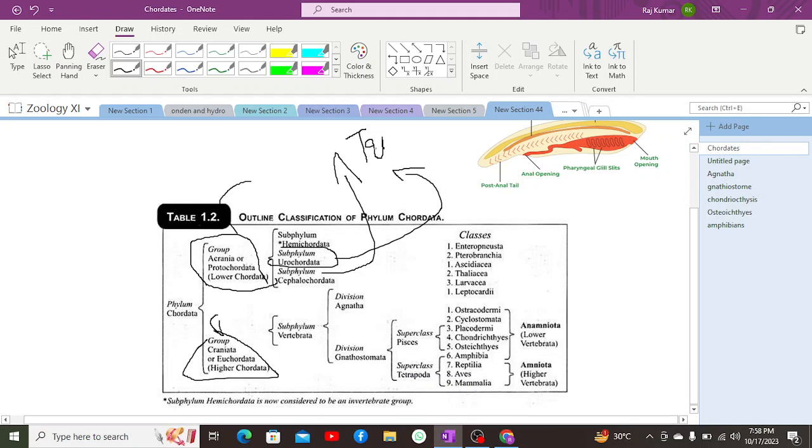the characteristics are such that their fertilization is mostly internal, but external fertilization can also occur.